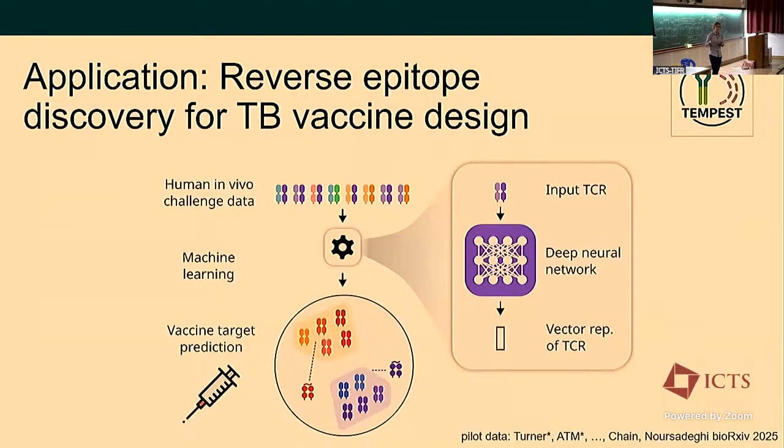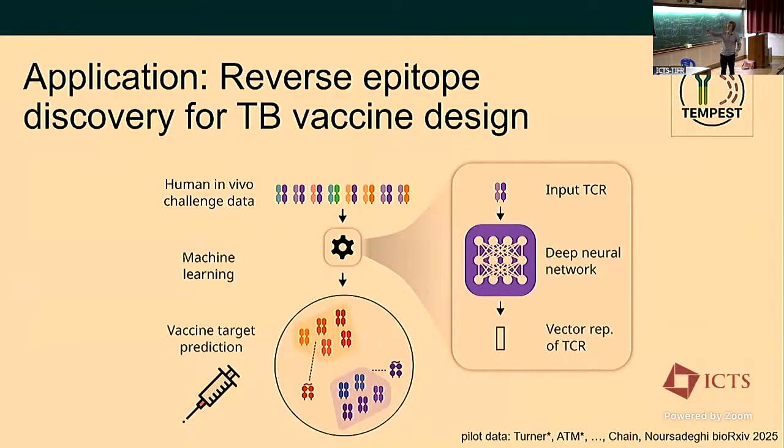And that's particularly a useful approach for something like tuberculosis because it's a bacteria, not a virus. It has like 4,000 proteins, so there are lots more options for what you could put into a vaccine. And so the traditional approach to vaccine design is less readily applicable.